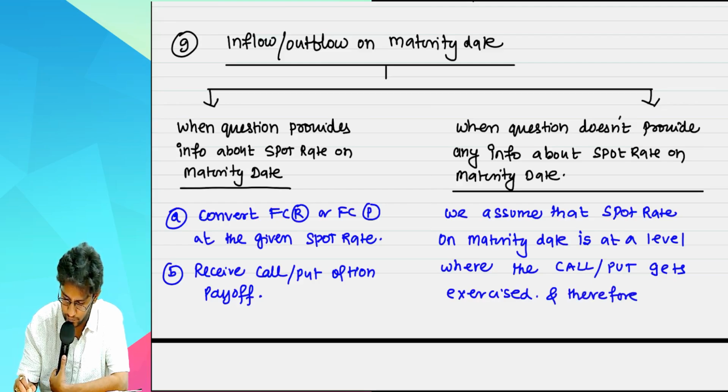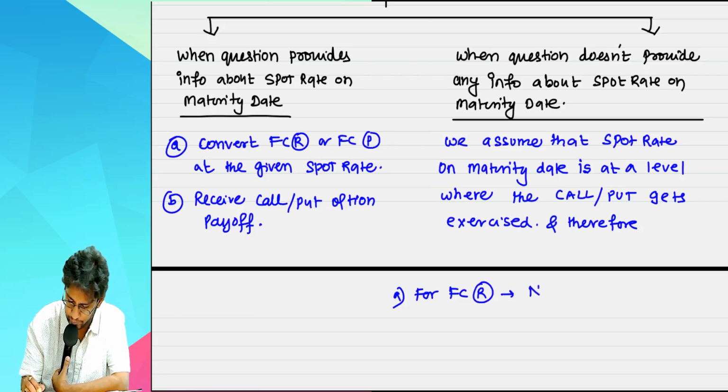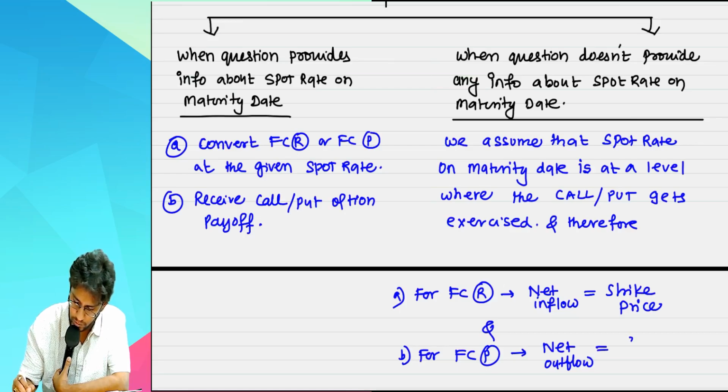And therefore, for FC receivable, net inflow is equal to strike price, and for FC payable, net outflow is equal to strike price.